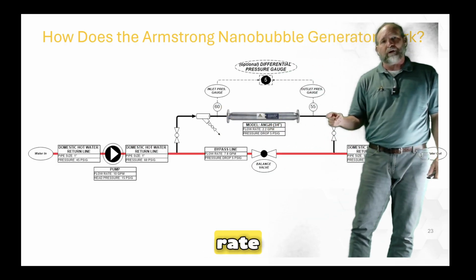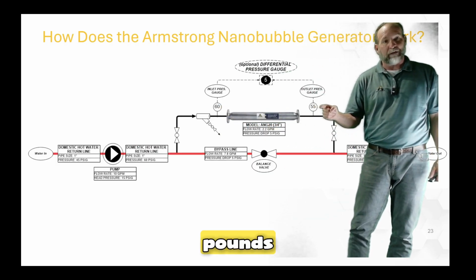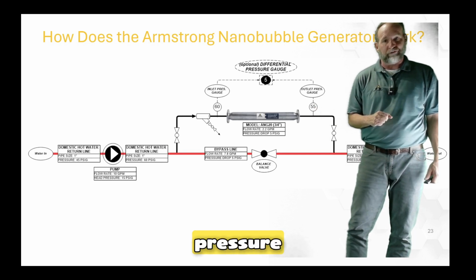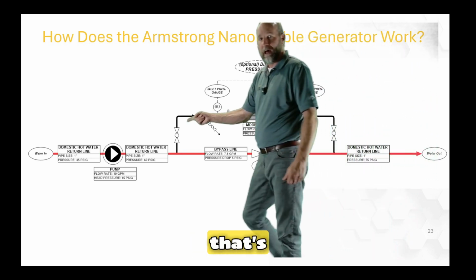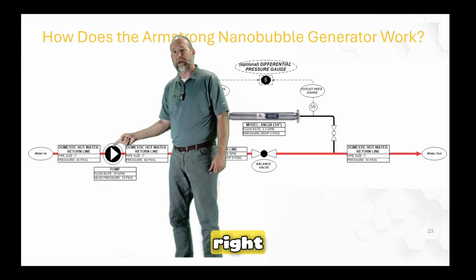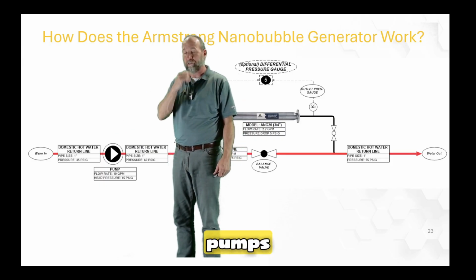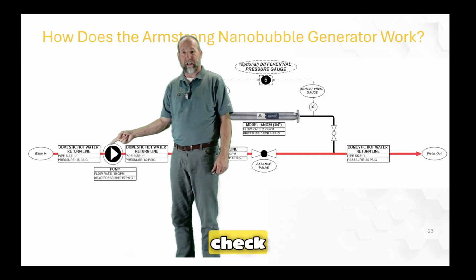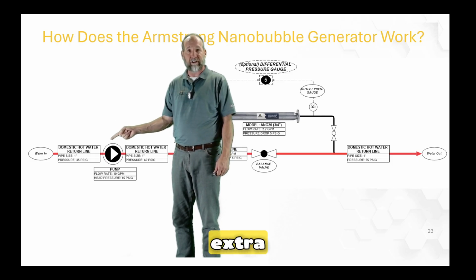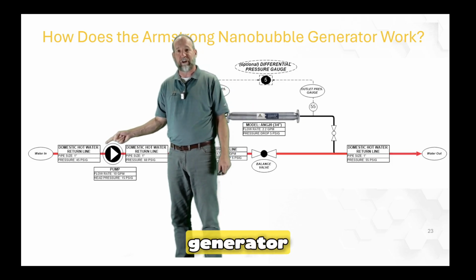At the proper flow rate coming out the other side, it'll be 5 pounds less, 55 pounds of pressure drop, okay? So that's the work that we're expecting this pump right here to do. And you remember we talked about pumps, and so it's super important that you check that this pump can handle the extra head pressure that this nanobubble generator is going to add.